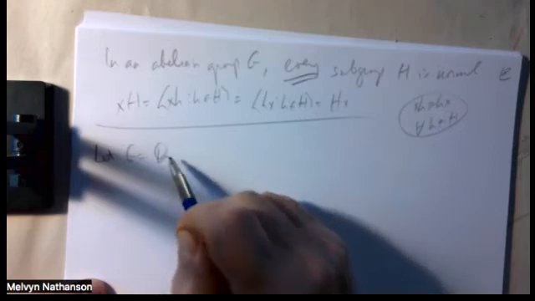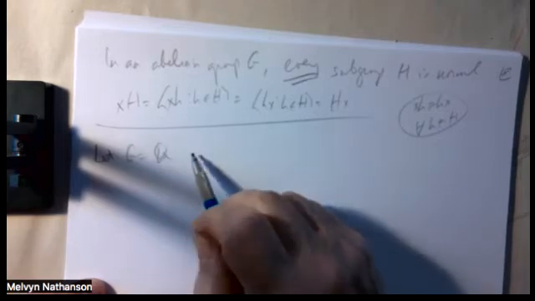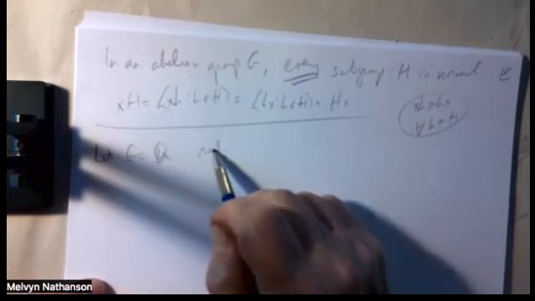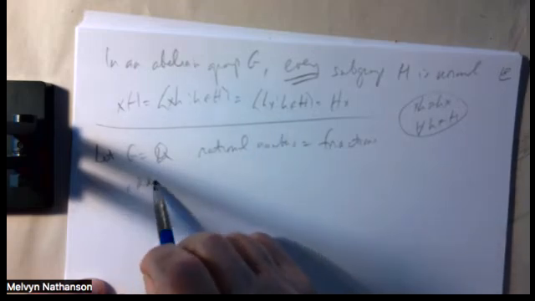So this is the right coset, Hx. So in an abelian group, every subgroup is normal. Suppose I let G be what I write as Q, which is the rational numbers. That just means fractions. So this is an additive abelian group.